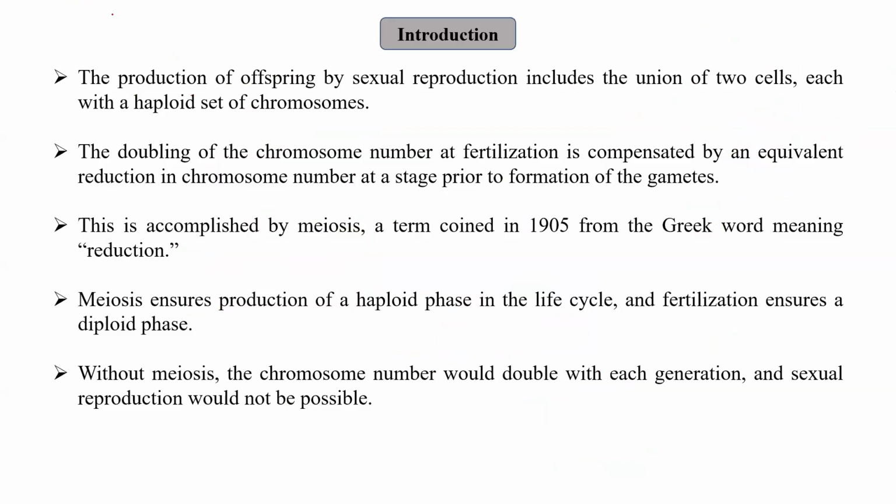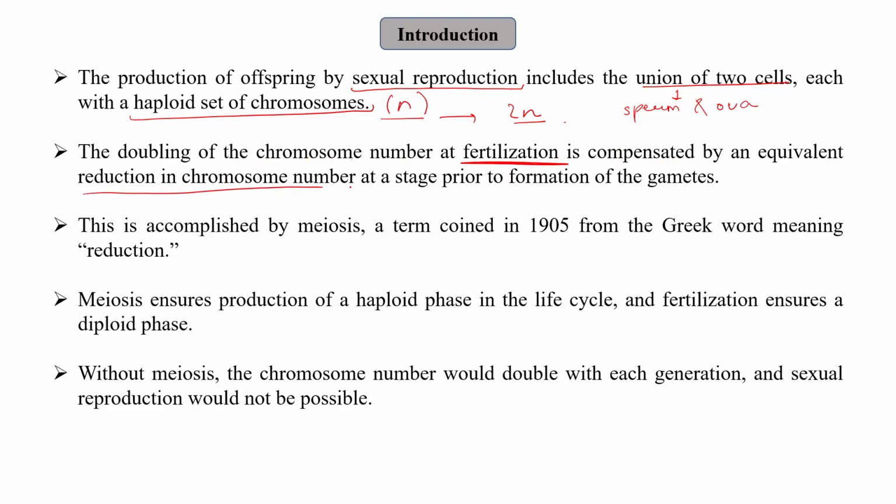The production of offspring by sexual reproduction includes the union of 2 cells, that is, sperm and ova fuse, each with a haploid set of chromosomes. The haploid sets of chromosomes fuse to again give rise to diploid cells. So the doubling of the chromosome number at fertilization is compensated by an equivalent reduction in the chromosome number at a stage prior to the formation of the gametes.